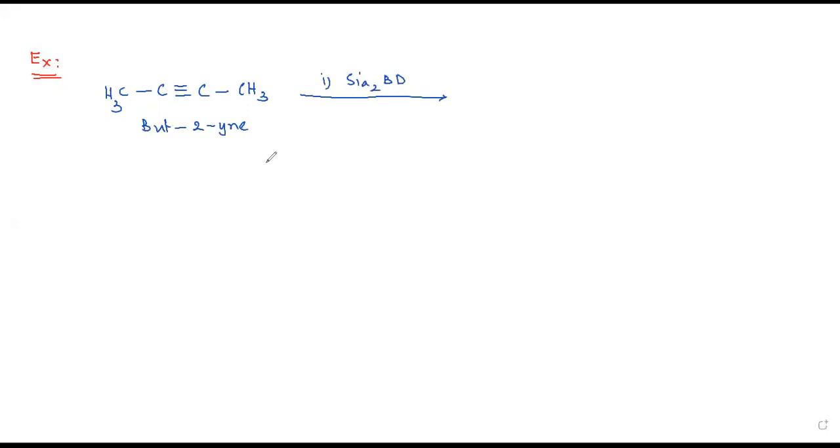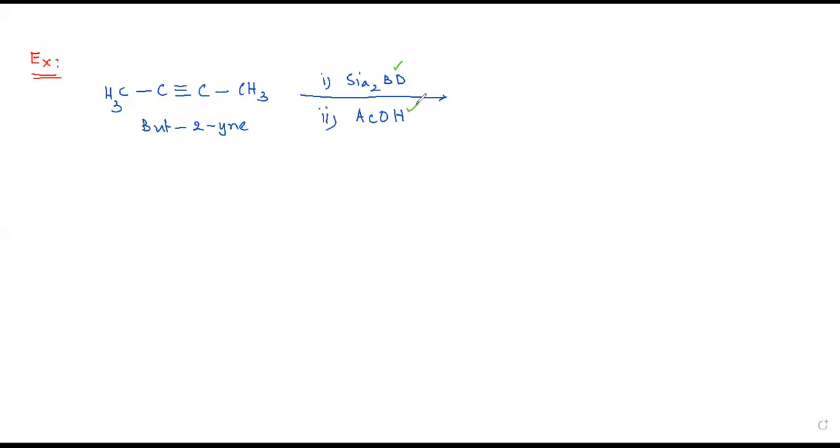Let us consider disiamylborane with a deuterium. Then, of course, acetic acid with the hydrogen. This is when we need the mechanism, because they have given two different things.